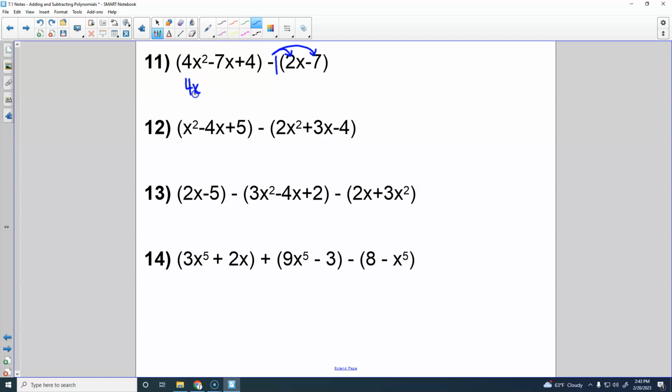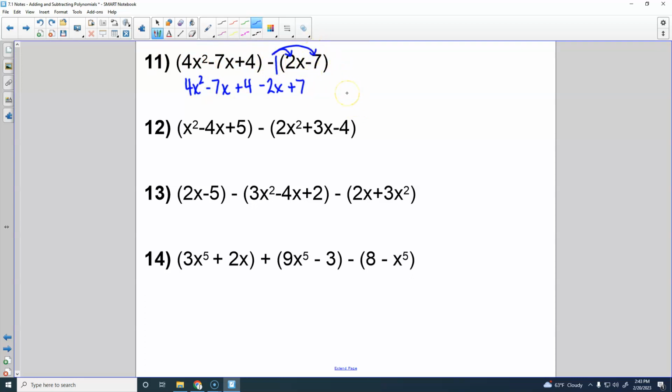So the first set of parentheses is going to stay the same, but then we're going to have minus 2x plus 7. That negative just has to get distributed. Really, the only thing most students are going to mess up with this is they're going to forget to distribute, and that last term is going to be wrong.